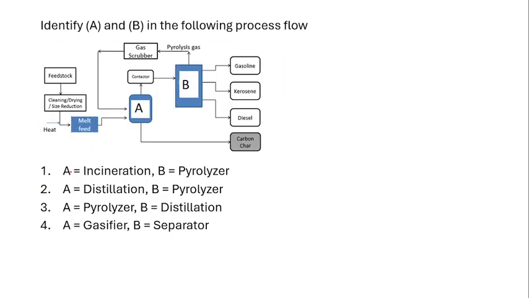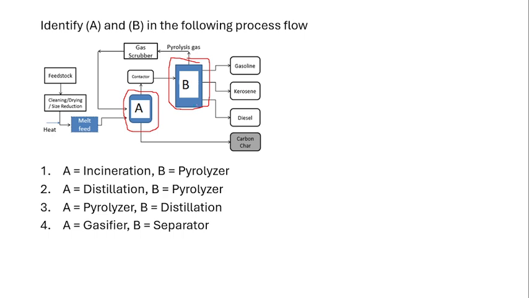Identify A and B in the following process flow. The feedstocks are cleaned, dried, size reduced, and heated, and the melt feed is fed into unit A, and then it goes to unit B. In unit B, the pyrolysis gases, gasoline, kerosene, and diesel are formed, and from A, carbon char is formed. What is A?